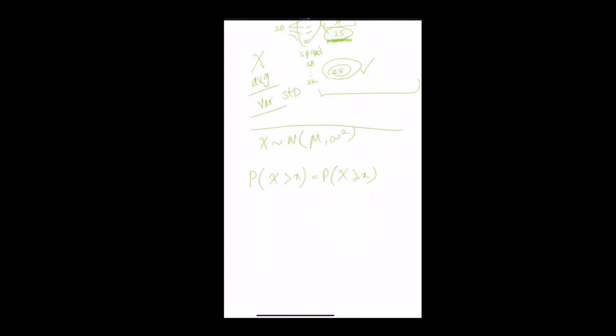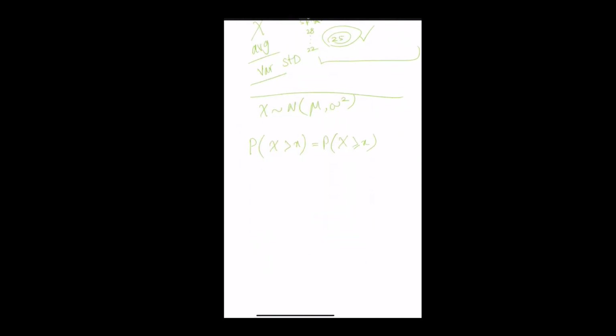You're talking random and continuous. Yeah, normal is always continuous. Okay, X has a normal distribution with some average and some variance.